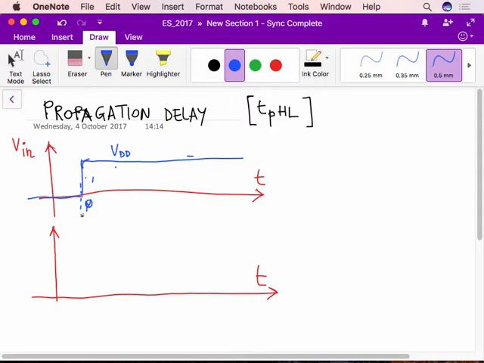Okay, before 0, the output voltage is high, is at VDD. So this is the initial condition.